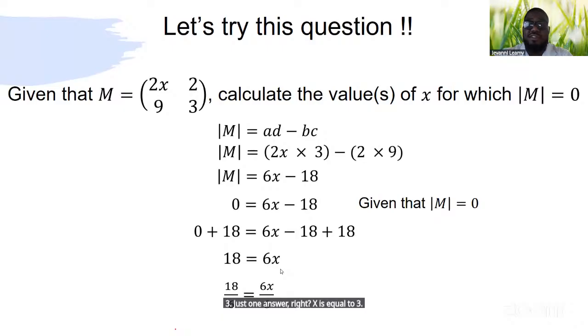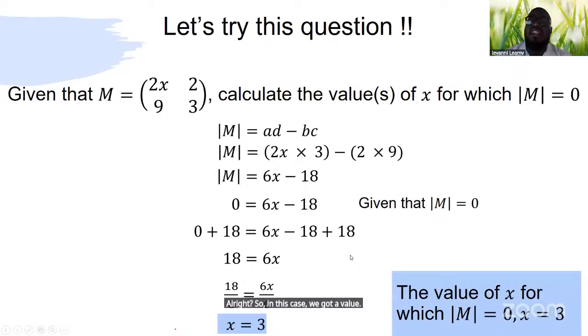So don't be confused with what the question is asking you. The question said you might get value or values. In this case, we got a value, and the value is going to be 3. So what if x was 4? Would my determinant still be a singular matrix? Ask yourself that. If I got any other value besides 3 for this matrix, would my determinant be called a singular matrix?